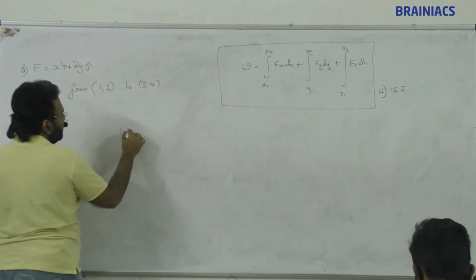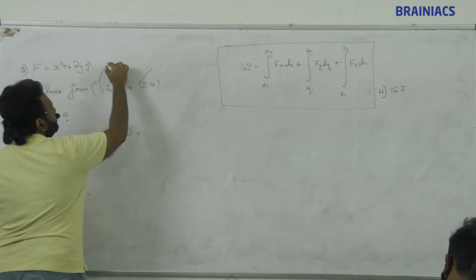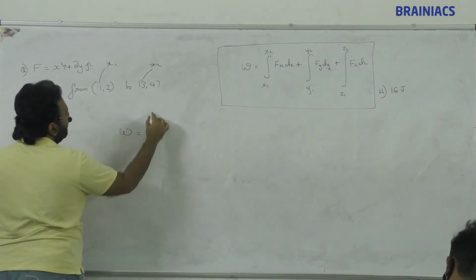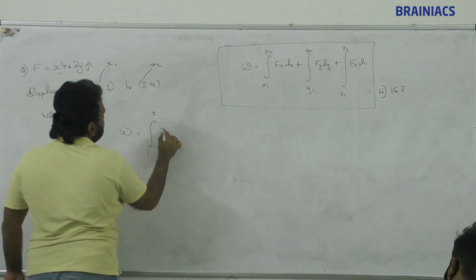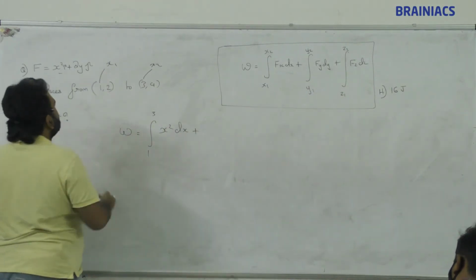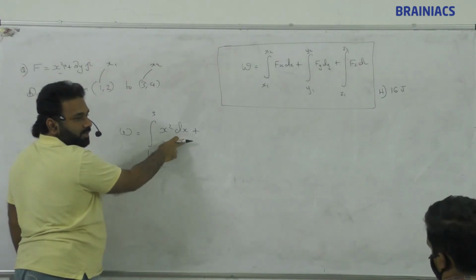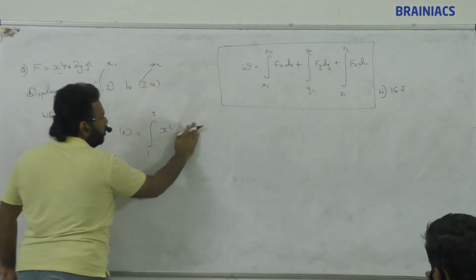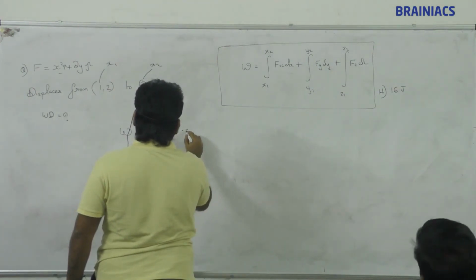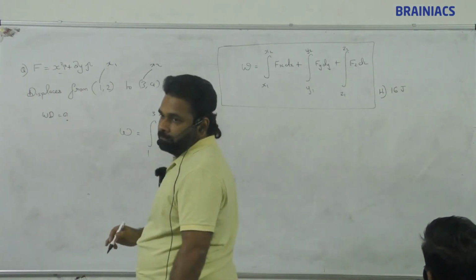So work is equal to, dear children, this is x1, this is x2. So integral 1 to 3 x square dx plus, here actually this is dx i. Truthfully, it would be x square i dot dx i.